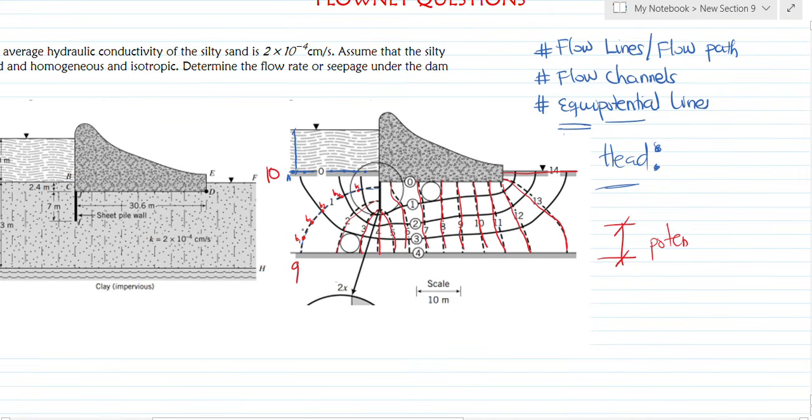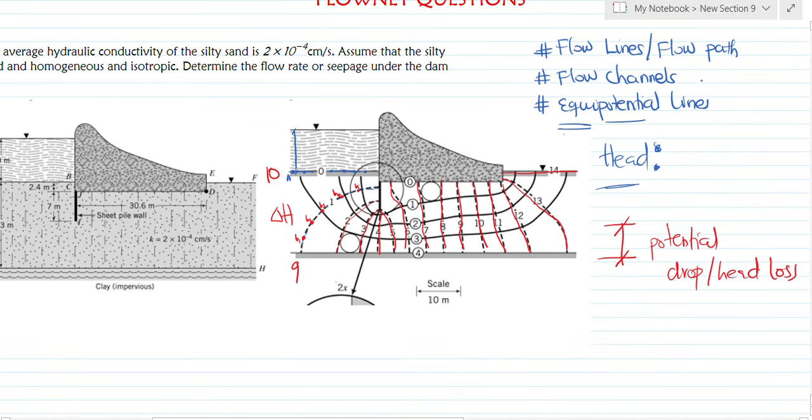So between 10 and 9, there is a head loss, right? So the difference between two adjacent equipotential lines is what we call potential drop, or head loss. Are we okay? All right. So let's take note of it.